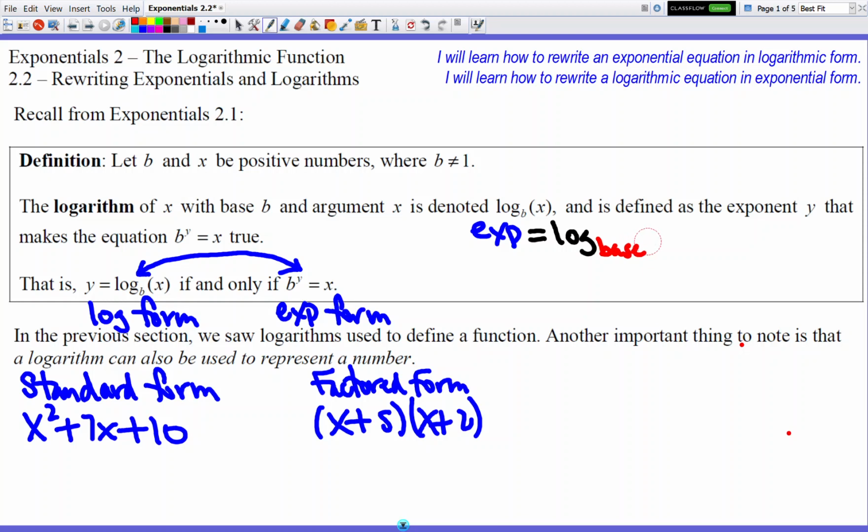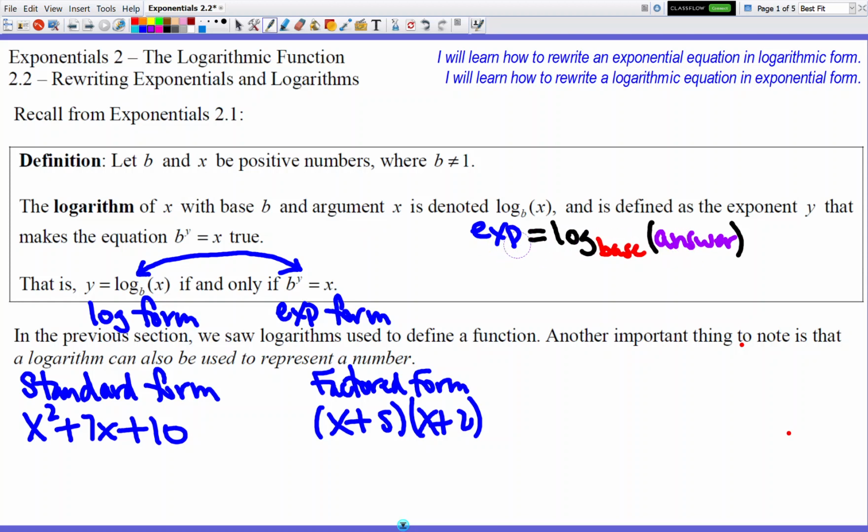Then parentheses, and then the x I call answer. The book calls it argument. I call it answer. All right, so this is the word form of log form.